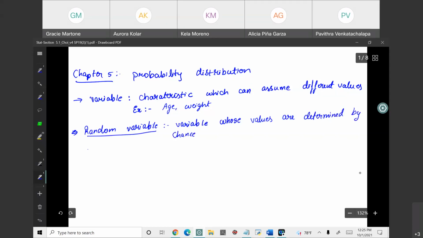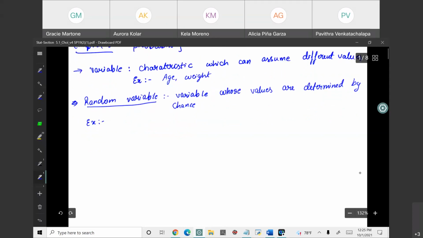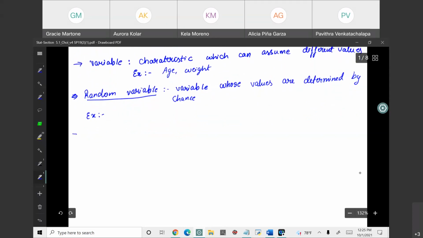Any example for this? You did this in your lab 4. You came across this word, random variable or random binomial variable.